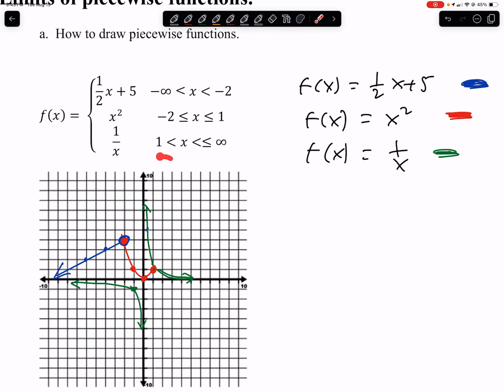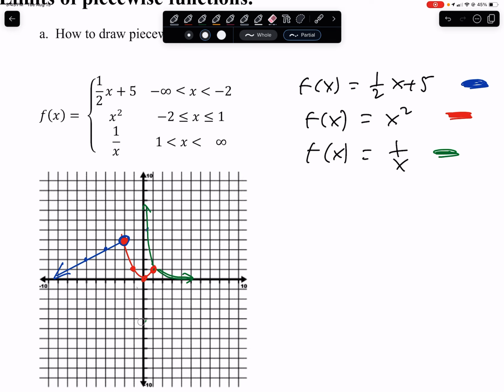All right, the last one only exists from 1 to infinity. I don't know why that's there. Someone messed up. There should not be an equal sign, first of all. So let's get rid of that. You can't equal infinity. Infinity is not a number. Okay, so I don't want to include 1, but anything to the left of 1 I have to get rid of. So let me erase all the green stuff left of 1.